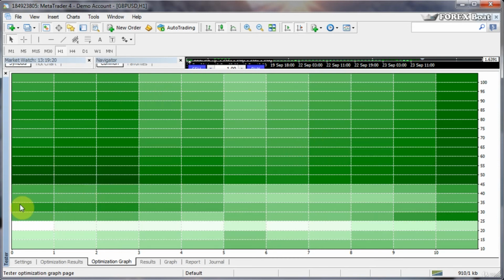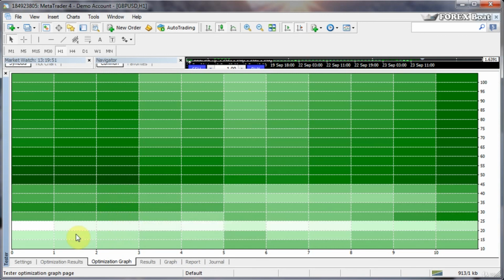And right away you can see that you would rather have a pip limit somewhere between 0 and 3 if you can set your stop loss around 45 to 60, so in this area. Or, if you'd like to set your pip limit at about 10, then you should set your stop loss anywhere between 45 and 100. And also if you just put your mouse over any particular result, it will tell you the exact take profit which works best with that combo.